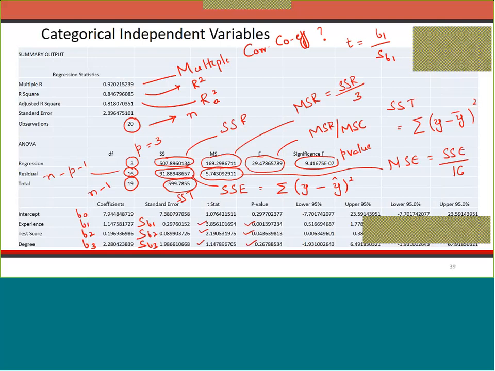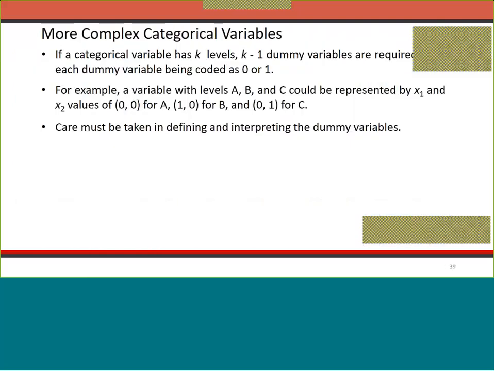Then what happens to the 0.26, which is above 0.05? So what will we say? We'll accept H naught, yes or no? We fail to reject H naught, which means we don't have enough evidence that having a degree and getting a salary are independent. That's what you can say.